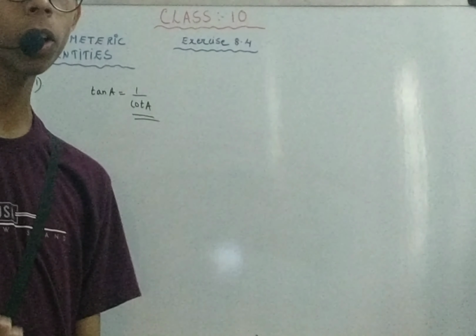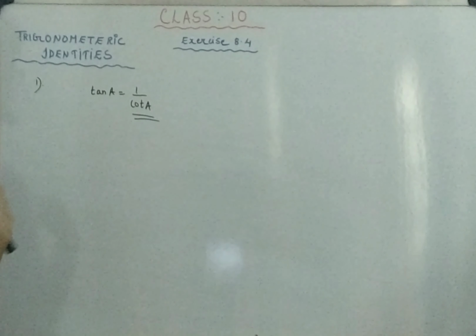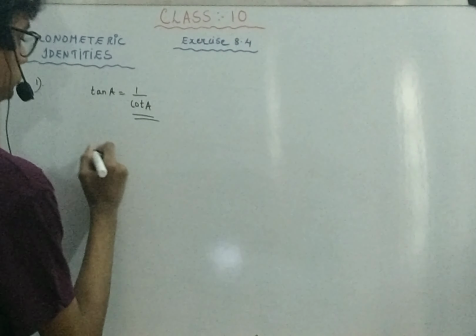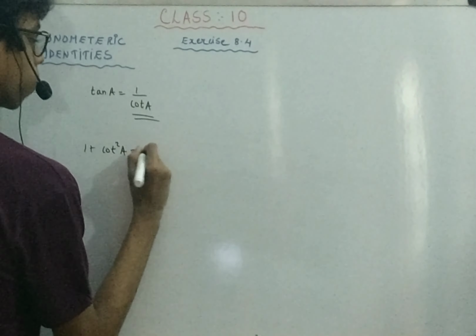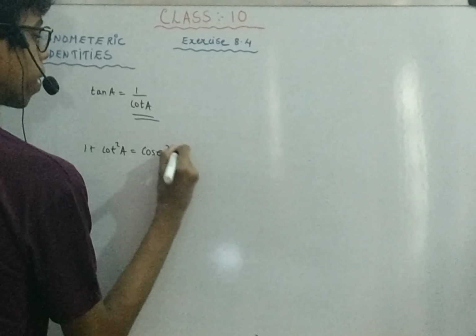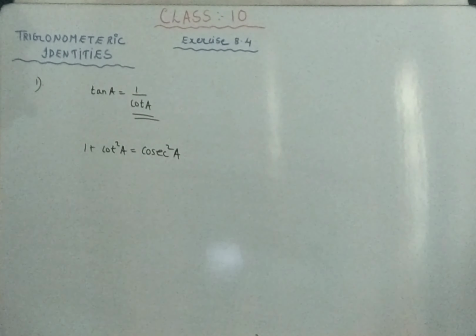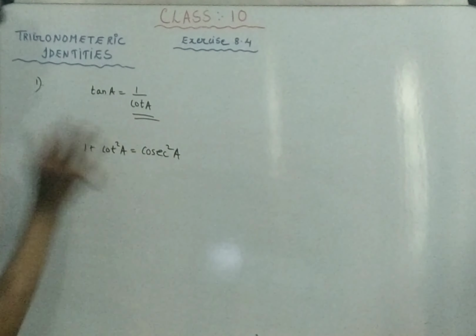Now, in order to express sin in terms of cot, we should know the relations. We know our identity: 1 plus cot square A is equal to cosec square A. Here cot is present.